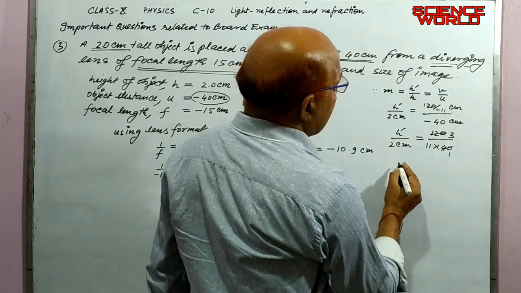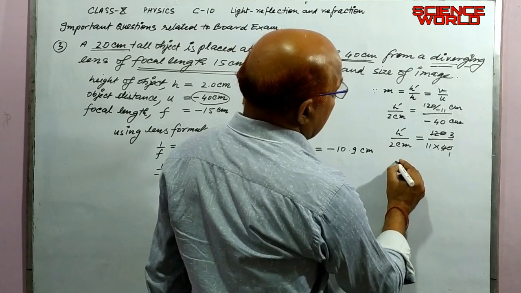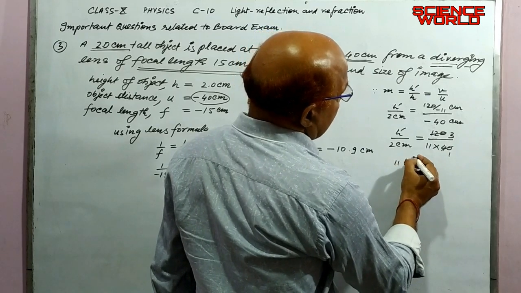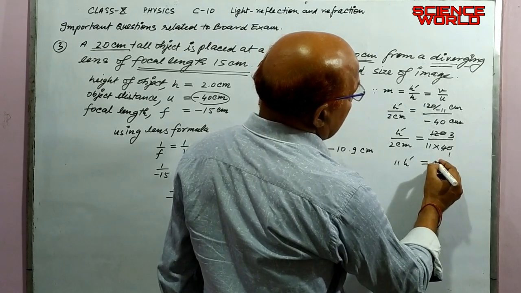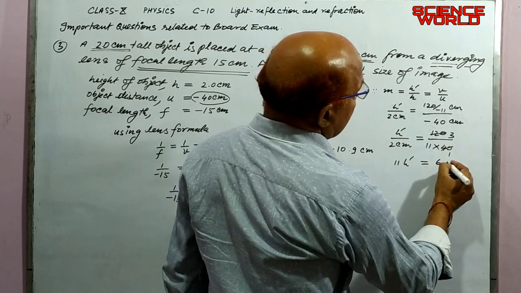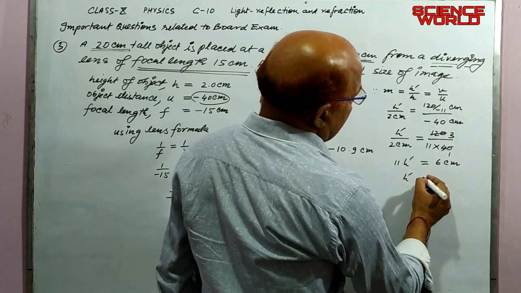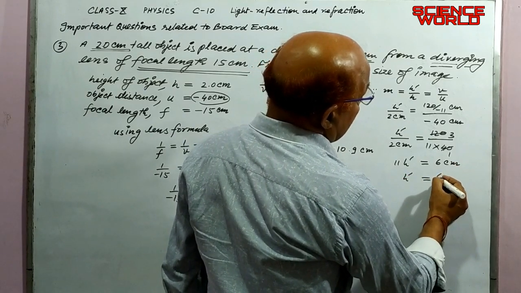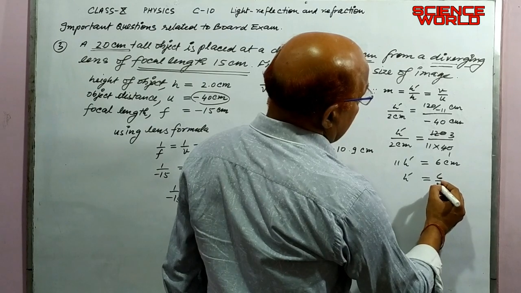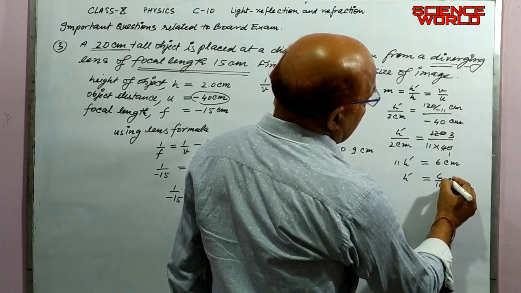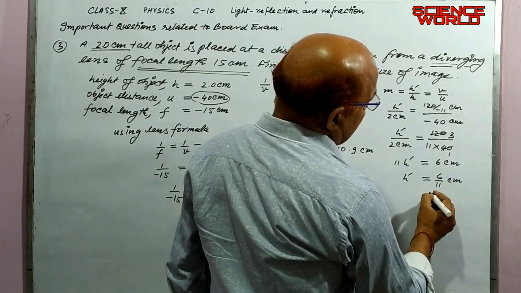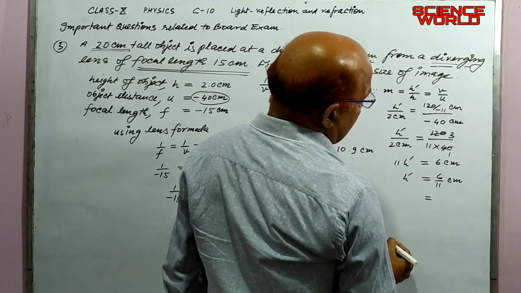Now, you cross multiply: 11 h dash is equal to 2 into 3, 6 centimeter. Therefore, h dash equal to 6 by 11 centimeter.